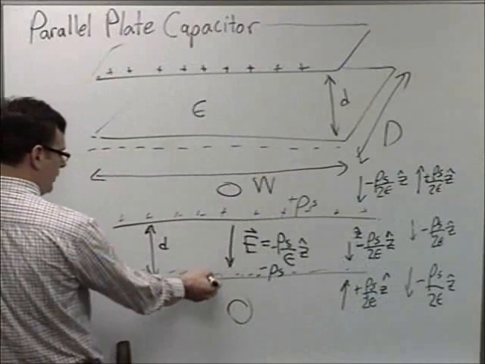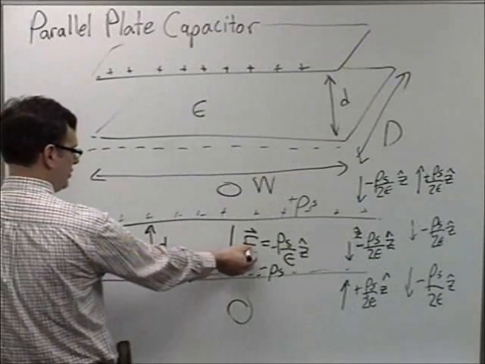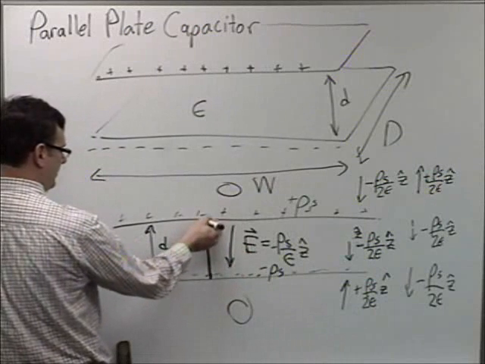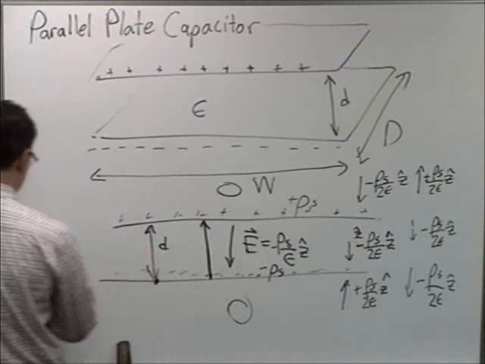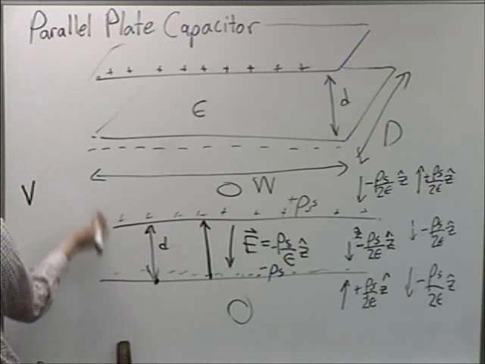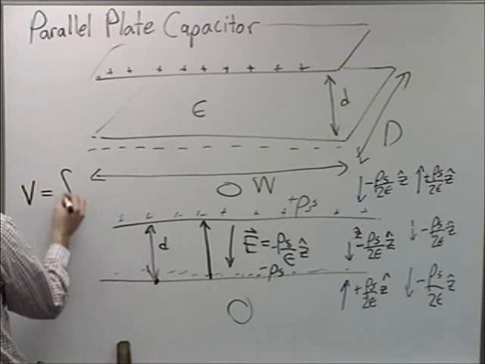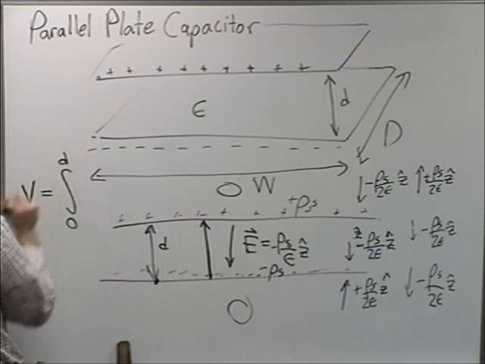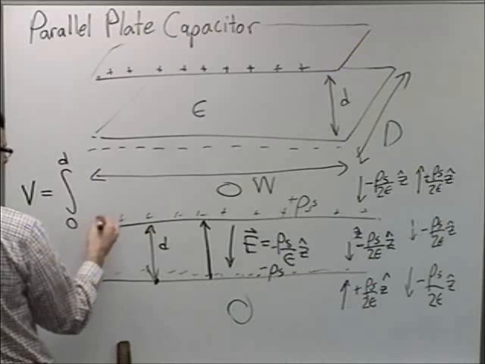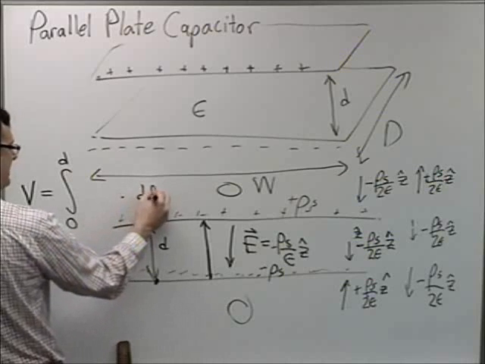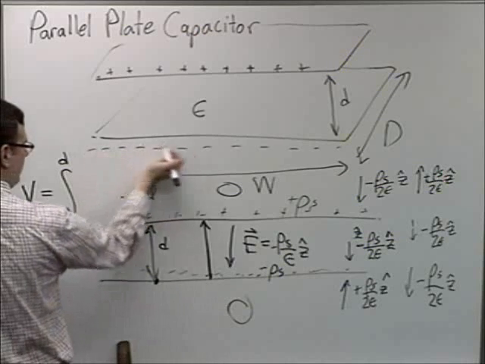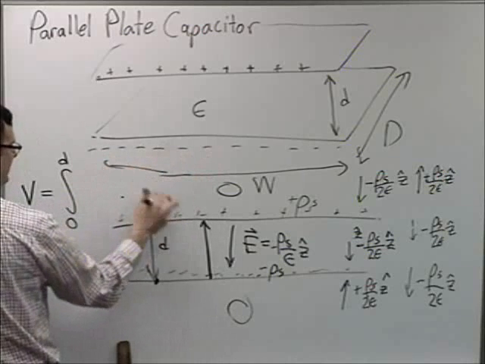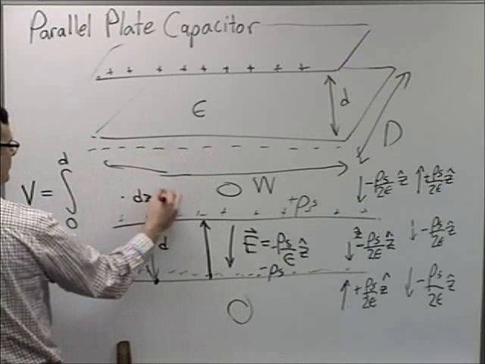Well, the voltage is going to be the integration of my E field from the top plate to the bottom plate with a minus sign in front of it, right? Voltage from bottom to top is going to be the integral from 0 to d. It's going to be in the z direction, so my dl unit element of integration is actually going to be dz in the z hat direction.